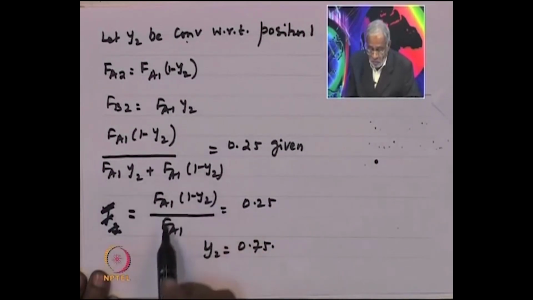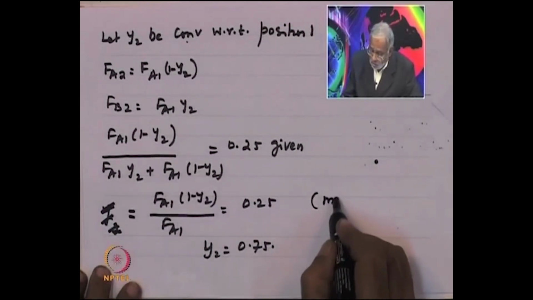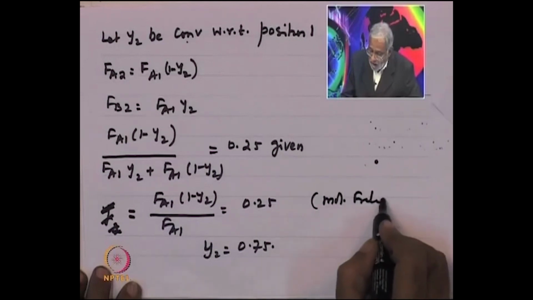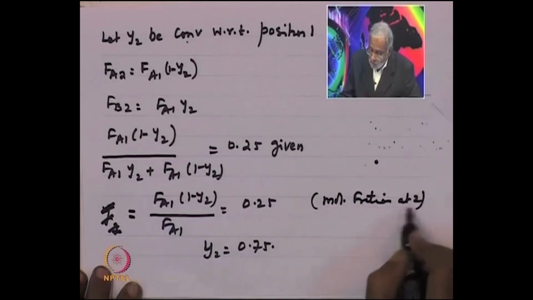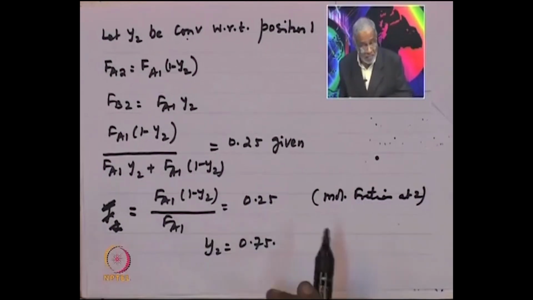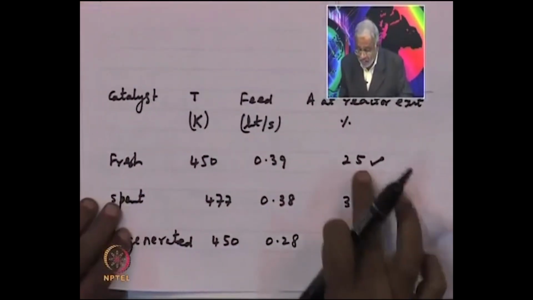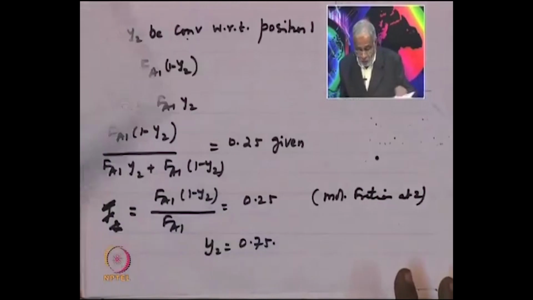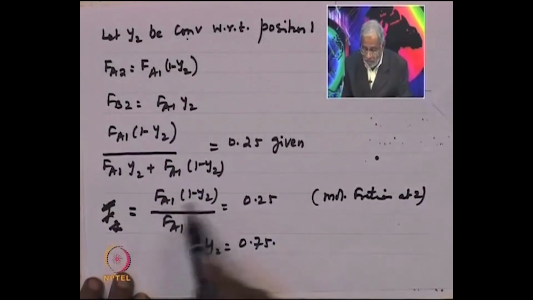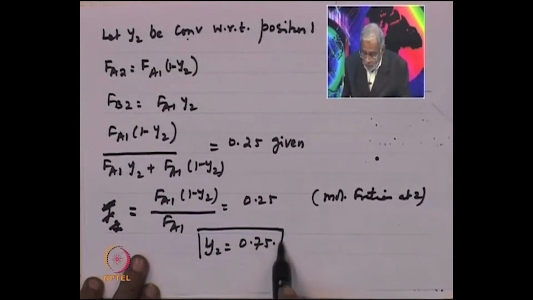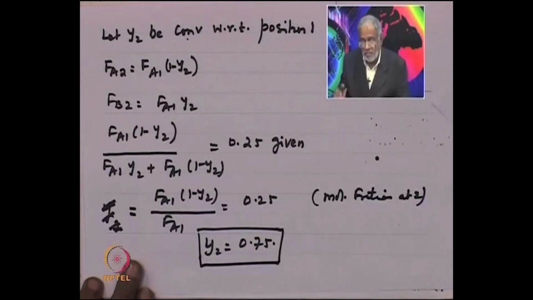So the mole fraction at position 2 is 0.25. That is the data given. Therefore, you can find that the Y2 value at the reactor exit is 0.75.